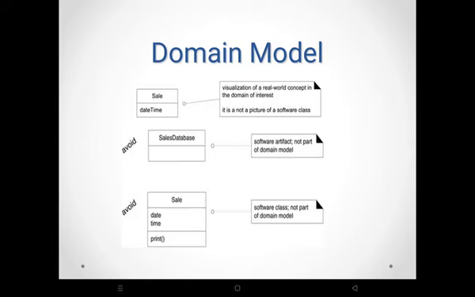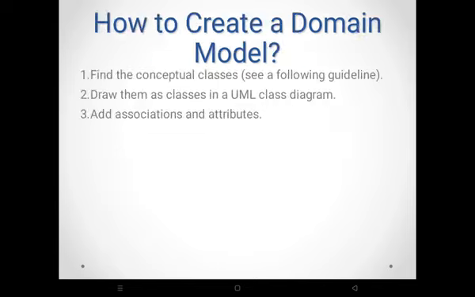The third element: sale is there, date and time are attributes, print is the responsibility, print is the method. You cannot use any responsibilities or methods. So you should avoid database and responsibilities.